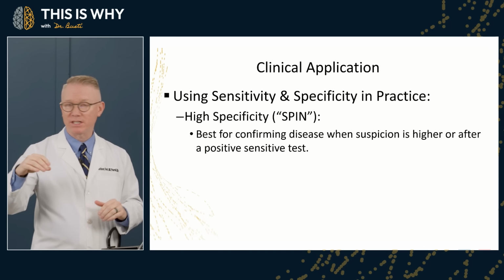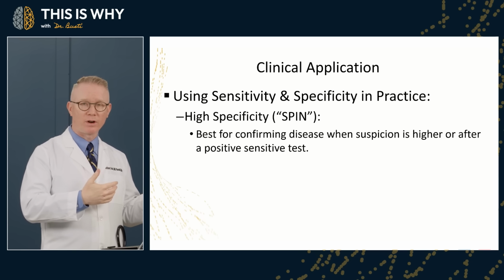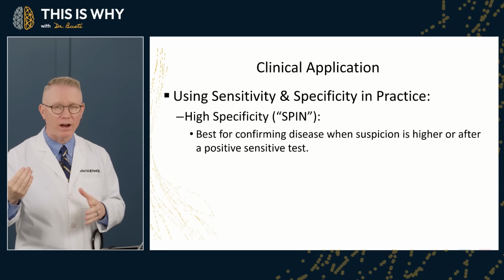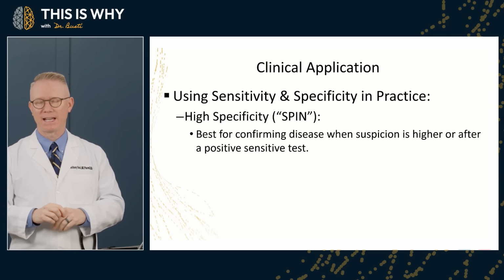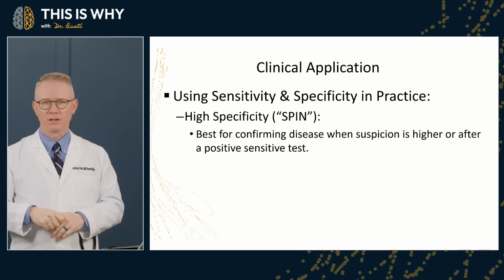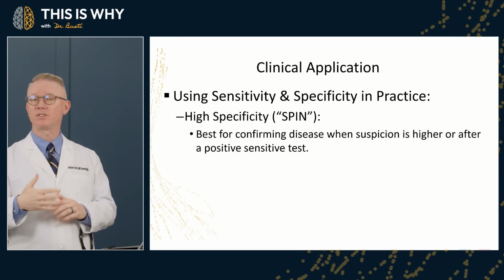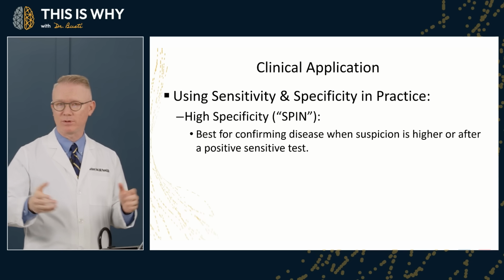High specificity, or SPIN, remember ruling in, that's best for confirming disease when the suspicion is higher or after you've had a positive sensitive test. So a positive result, the disease is likely, protects against false alarms, unnecessary cost, anxiety, those labels and things that we talked about.